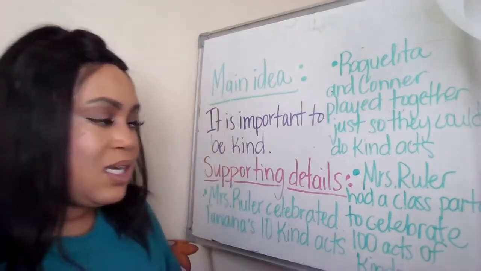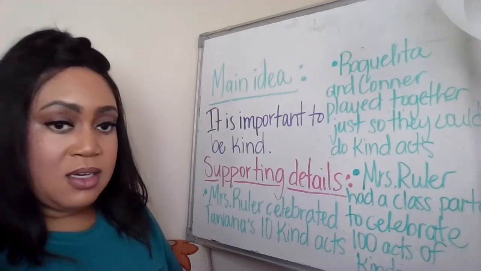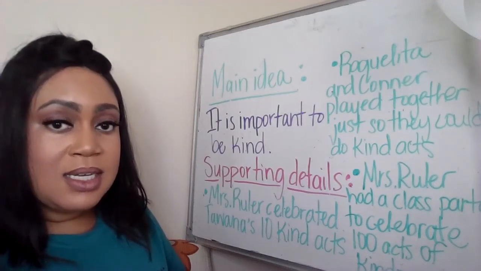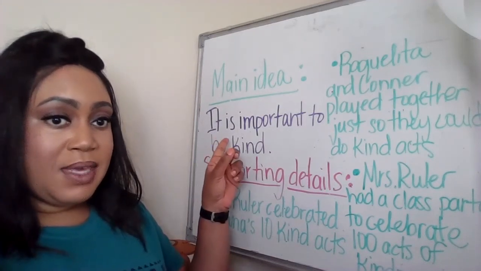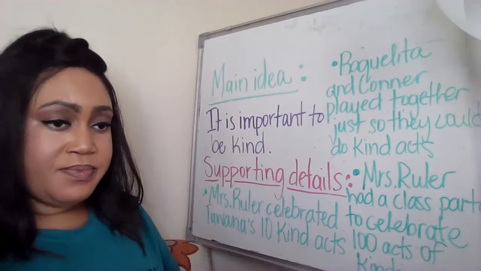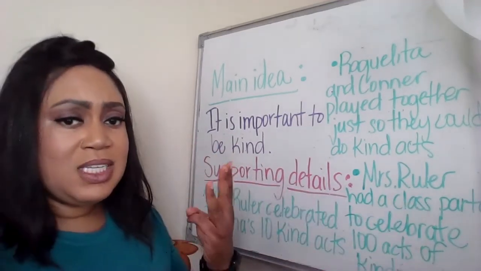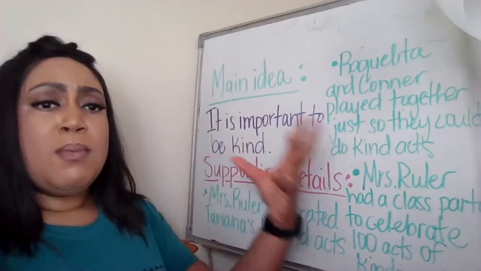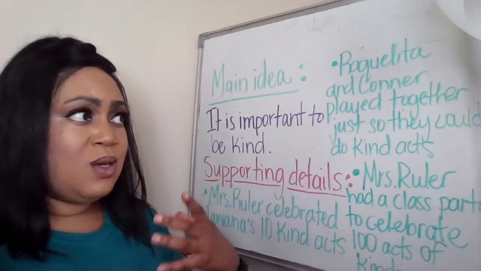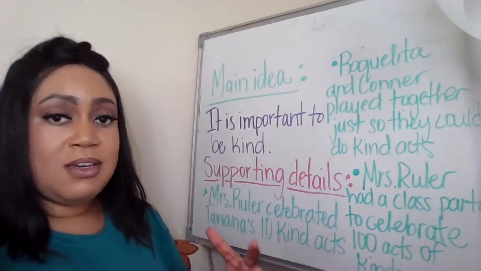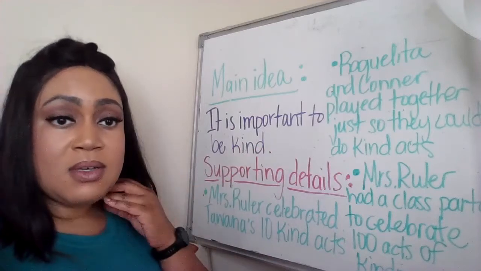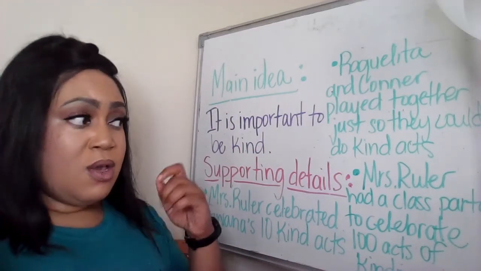What does this detail say? This detail says that the author must think it is important for us to remember that being kind is important. So those are just 3 details. We could have pulled out more and more details because really the whole story is full of examples of how being kind is important. Those are all supporting details.